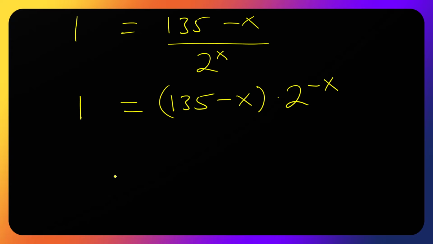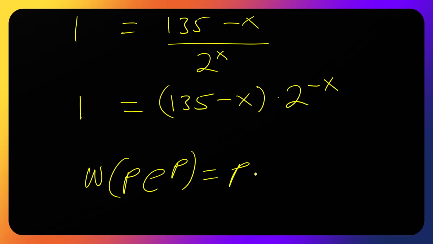When we have p times e raised to p, and you take the W function, you get p. So always what is here and what is there must be equal. But we have 135 minus x and we have minus x.